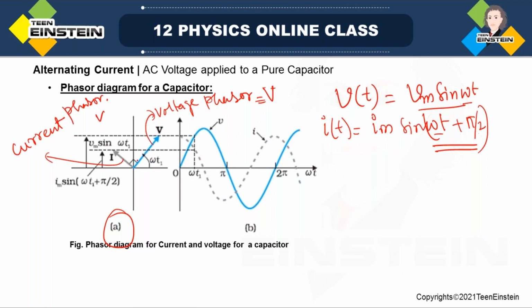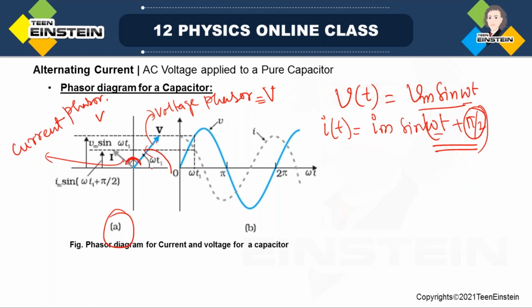So who is ahead? The current phasor is ahead. And what is the angle between current phasor and voltage phasor? That must be pi by 2 or 90 degree. This angle is actually 90-degree angle between current phasor and voltage phasor.